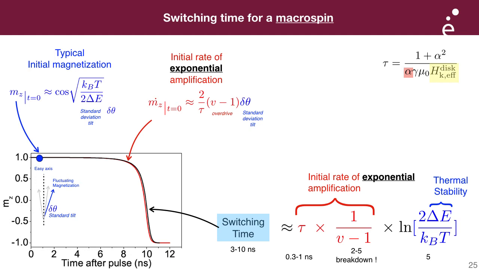So even if this is a big number, in the end this is going to be typically 5. So if you multiply all these factors, you can understand why the switching time in STT-MRAM is of the order of a few nanoseconds to 10 nanoseconds in that regime where you have a substantial overdrive.